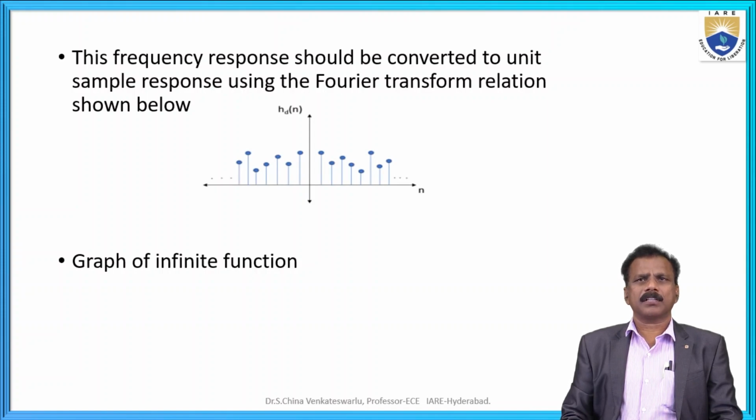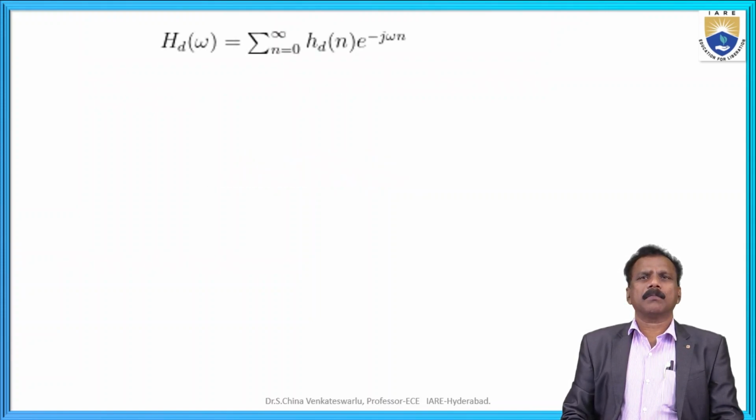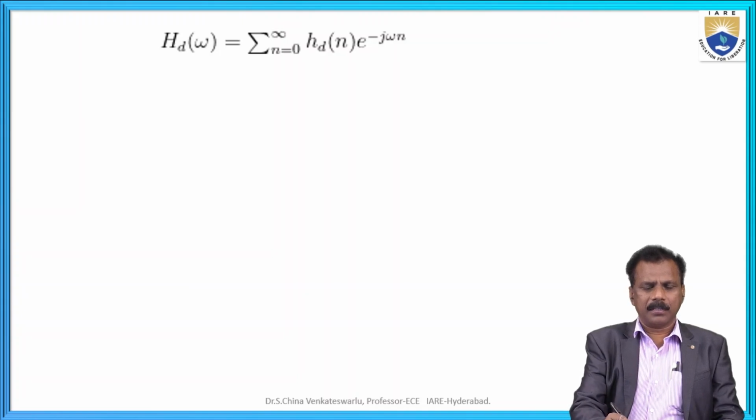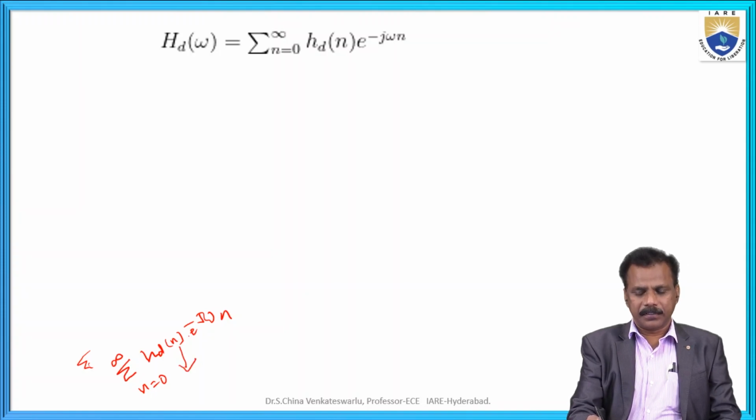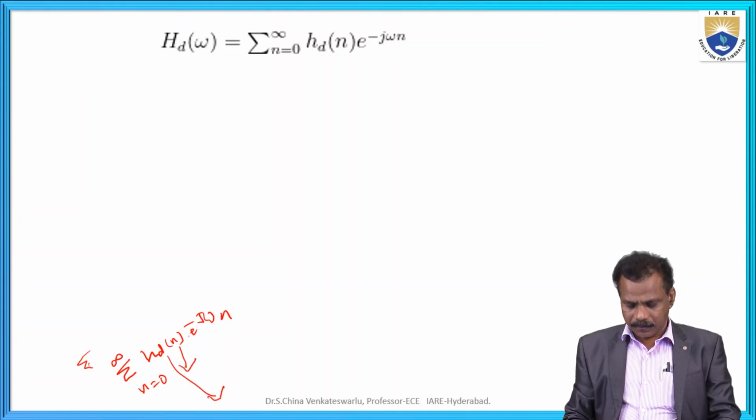In the mathematical analysis, Hd of omega is equal to the summation over n from 0 to infinity of hd of n into e power minus j omega n. Concentrate on the small n value and the hd value.